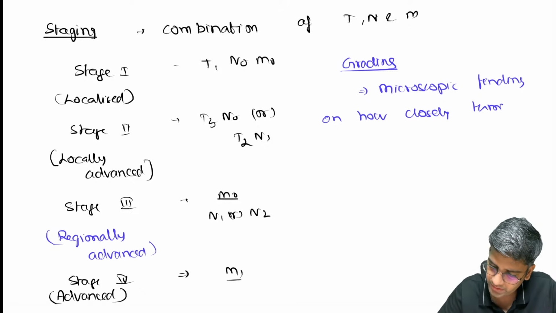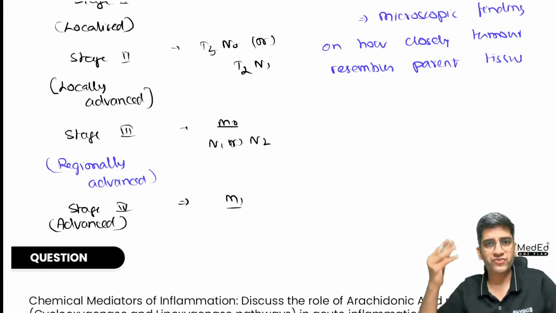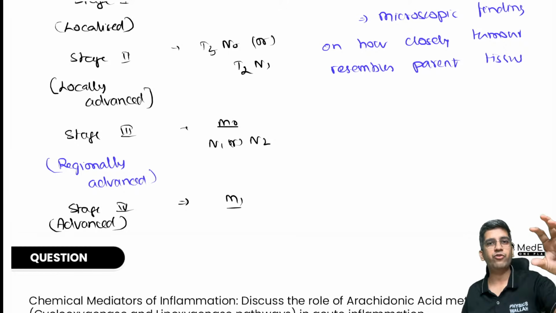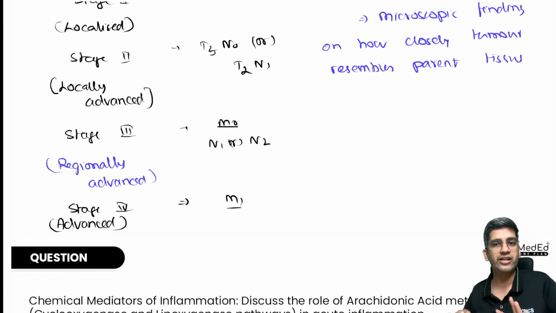The tumor resembles the parent tissue. You can either draw a diagram or you can explain it with the help of theory. Drawing a diagram is easy. Again, go with the same glandular malignancy. Well-formed glands, grade 1. Glands in solid area, grade 2. Completely solid area, grade 3, right?